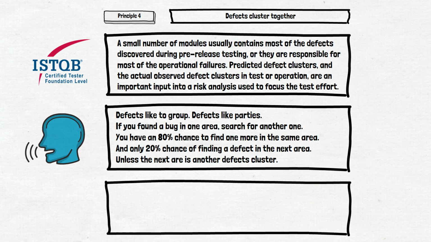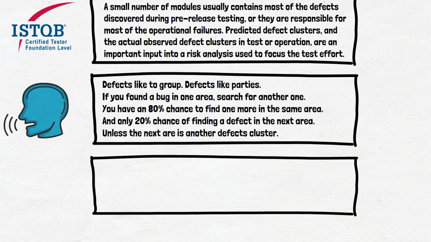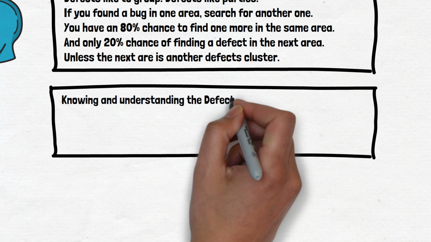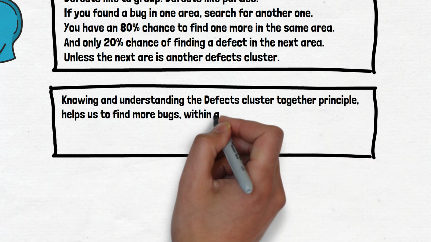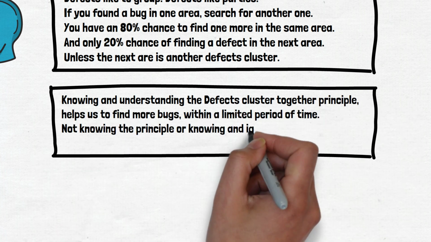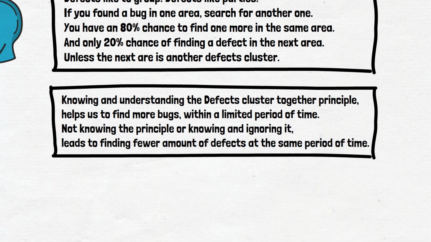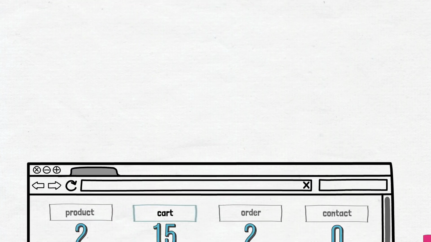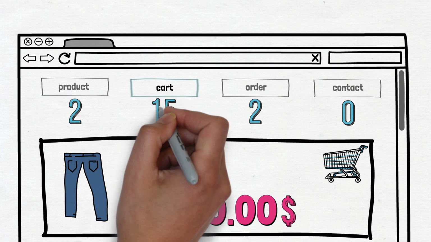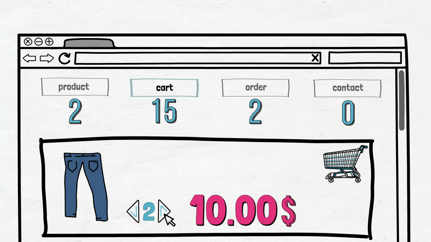And Principle 4 works efficiently with those two principles. So knowing this principle helps us to find more bugs within a limited period of time. Not knowing, or knowing and ignoring it, leads to finding fewer bugs in the same period of time. Same as we illustrated in our example of the regression testing of the website, where most of the bugs were found on the cart page.